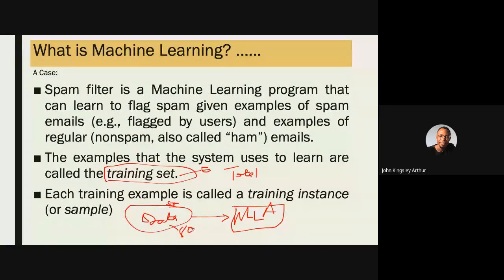Out of the 80, you want to use 60 of those records in the data as examples. You want to give 60 of those records as examples to what? To the learning algorithm.